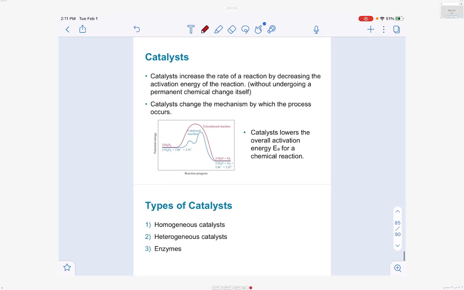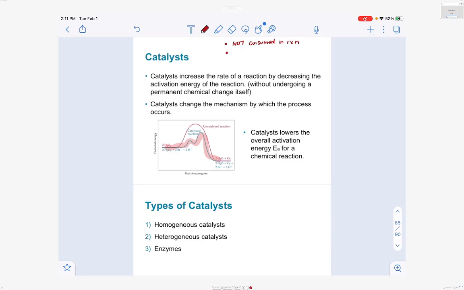So what is a catalyst? A catalyst lowers the overall activation energy of a reaction. Since the energy barrier is lowered, the overall reaction rate is increased. Take a note: catalysts are not consumed in the reaction.